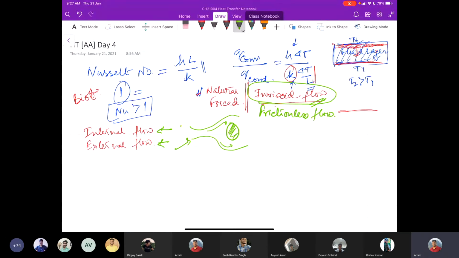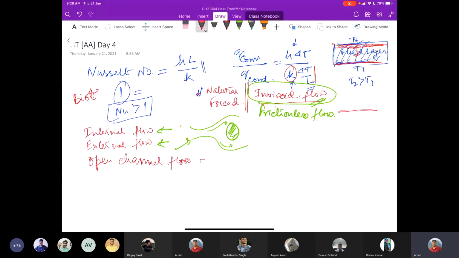The other type of flow, a typical example, is open channel flow. By the name you can understand, the example could be the flow through an open drain that we see. Three sides are enclosed, or bounded, but the top surface is open, which is why I said open drain flow.